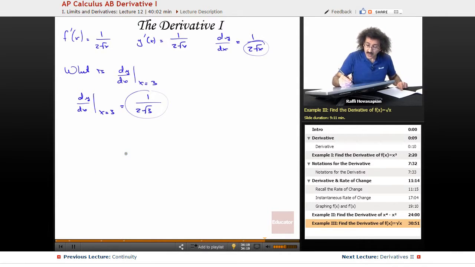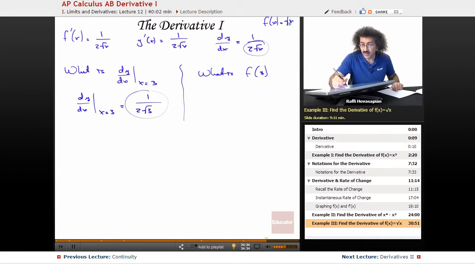Okay, what is f of 3? Well, we said that f of x, the original function, is just radical x. So f of 3 is equal to radical 3.